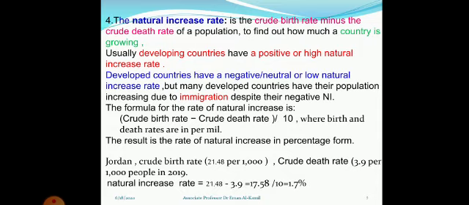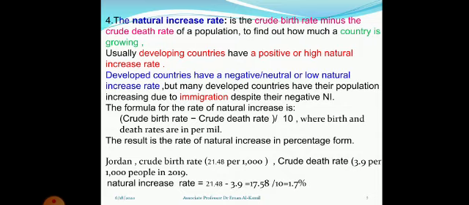So the formula of natural increase rate equals crude birth rate minus crude death rate, divided by 10 when the birth and death rates are per thousand. So the result is the rate of the natural increase in percentage form.